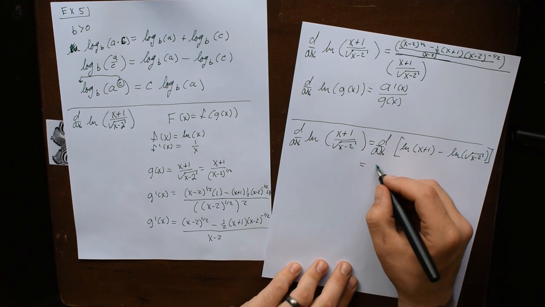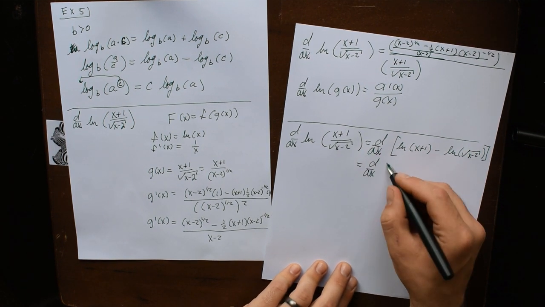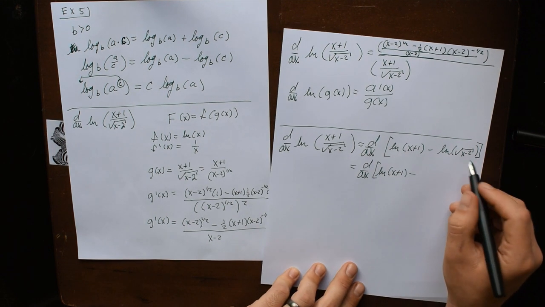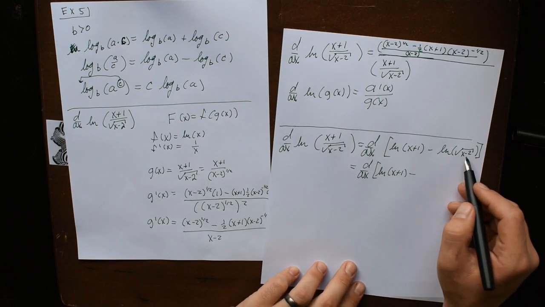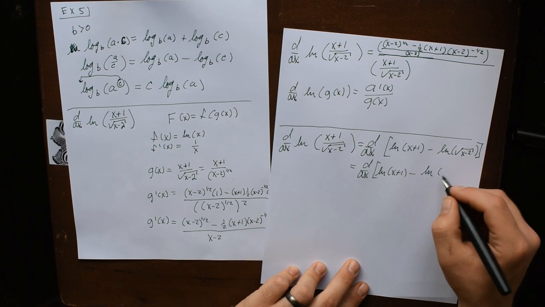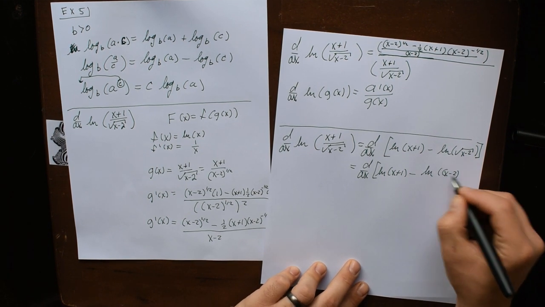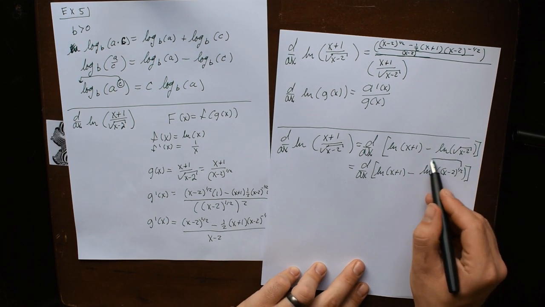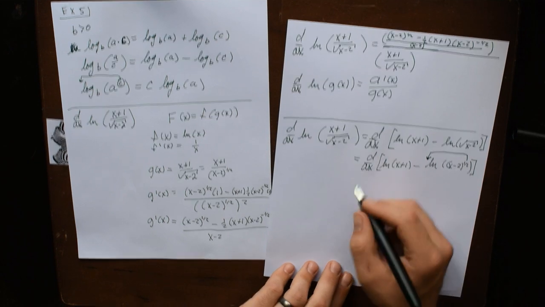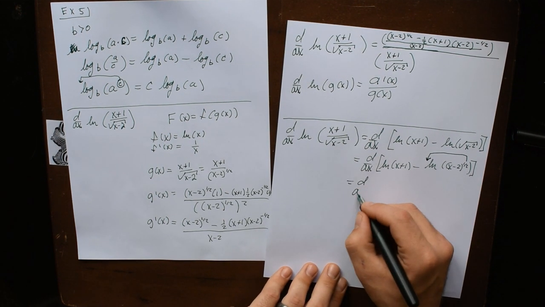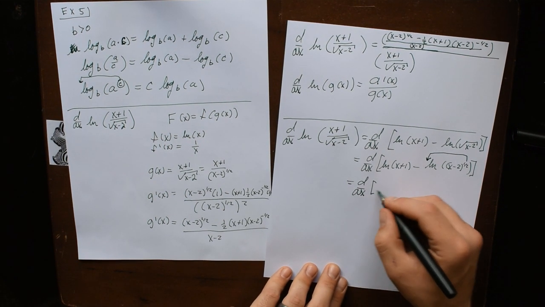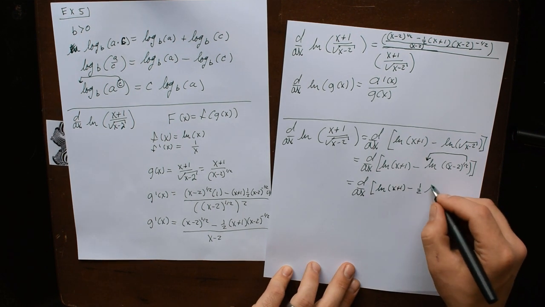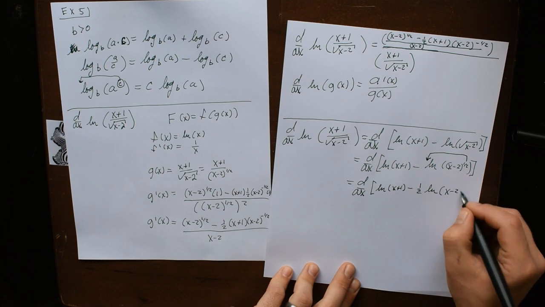You know how we can write the square root of x minus 2 as x minus 2 to the 1/2? Well, our log rules say that exponents can come out as coefficients. So this is equal to the derivative with regards to x of the natural log of x plus 1 minus 1/2 of the natural log of x minus 2.